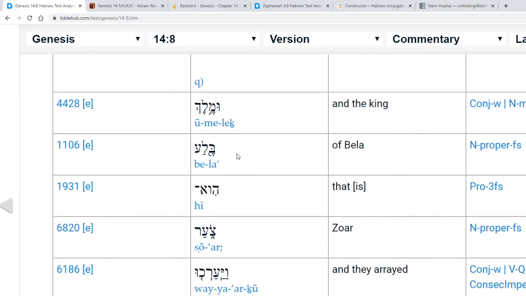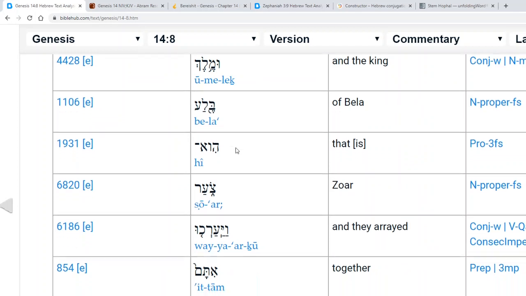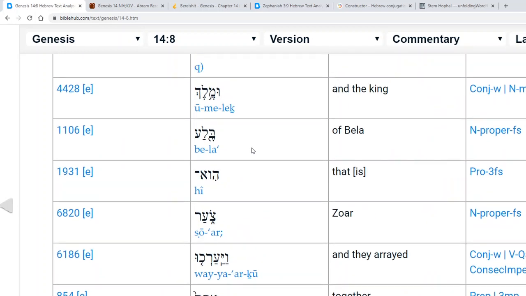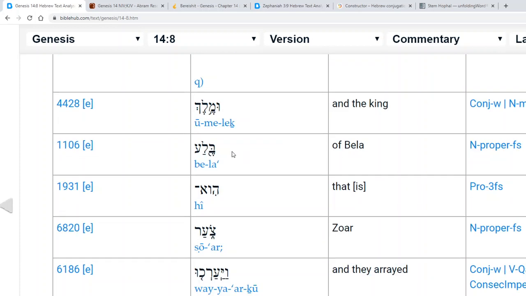It seems to me it's telling you, because it doesn't name any of the other ones, it just calls them the king of the place. So I think this would be proof that Bela and Tsar are place names.